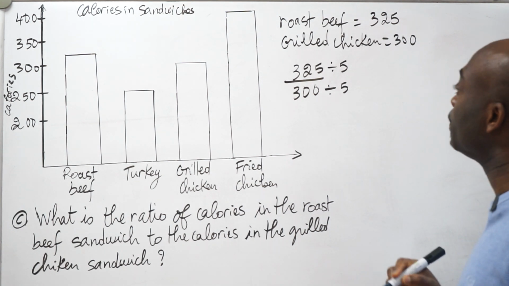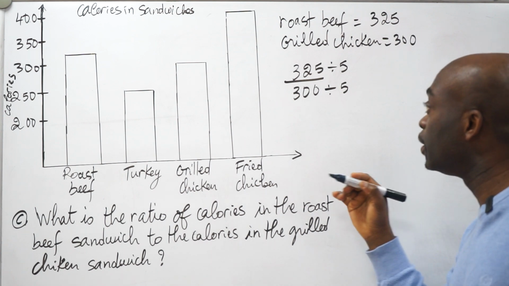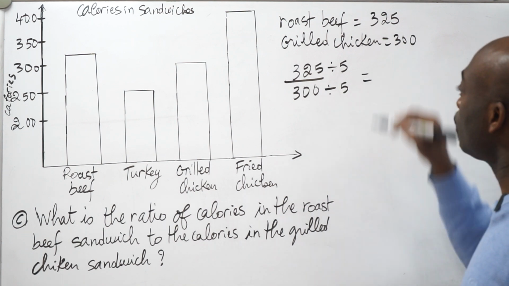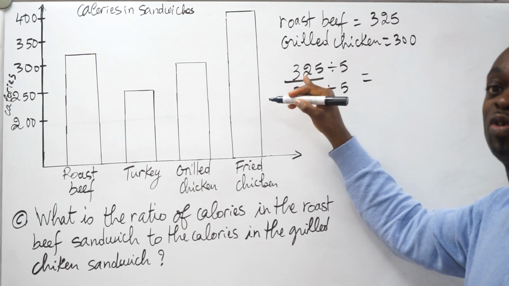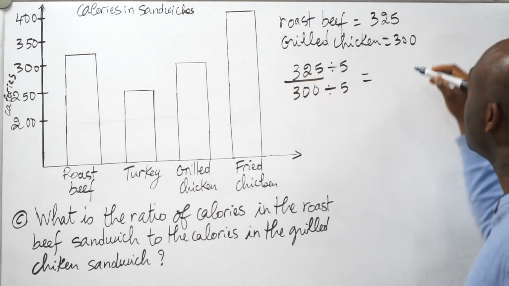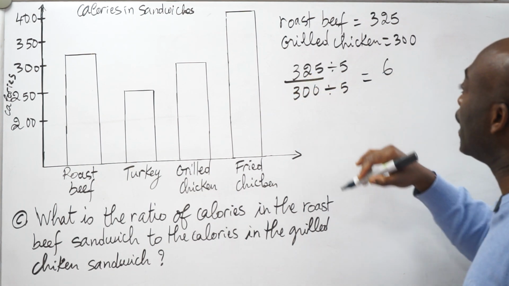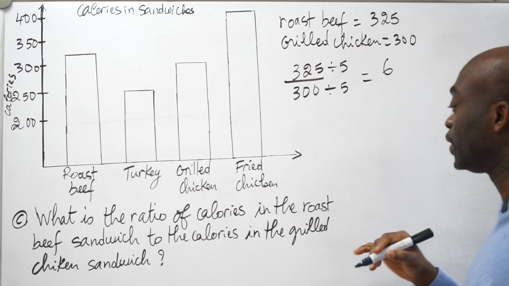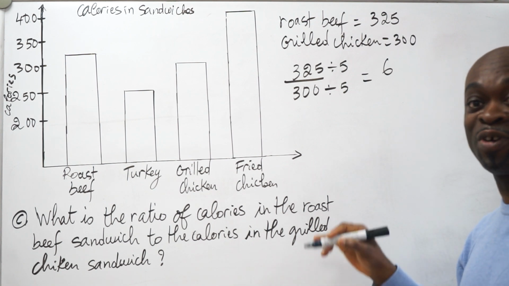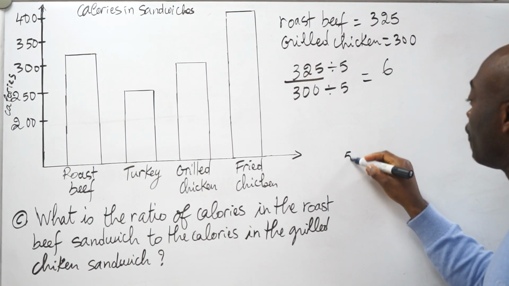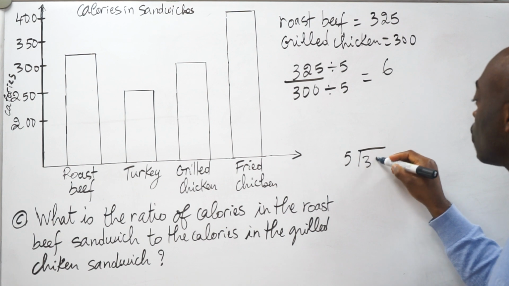If we do the division, 5 goes into 32 how many times? 6 times. Let's do it here very quickly. We're talking about 5 going into 325.